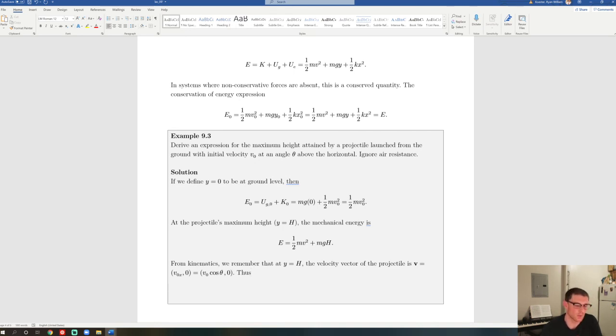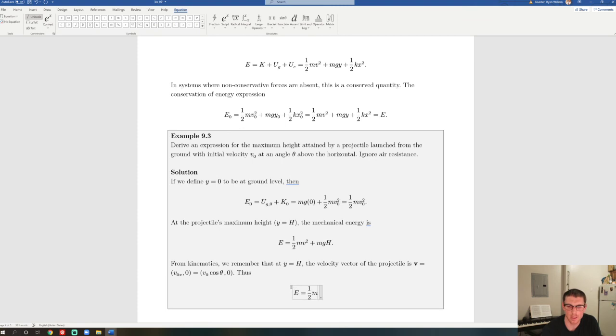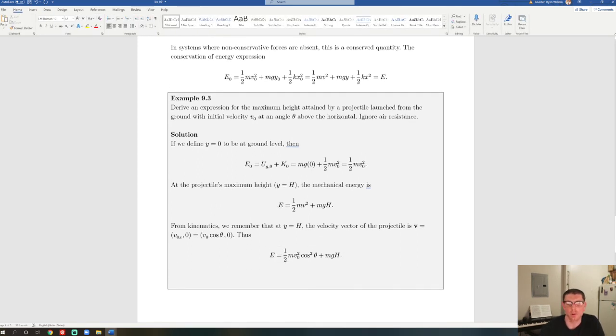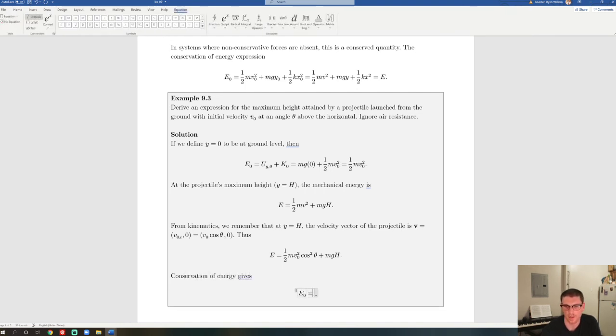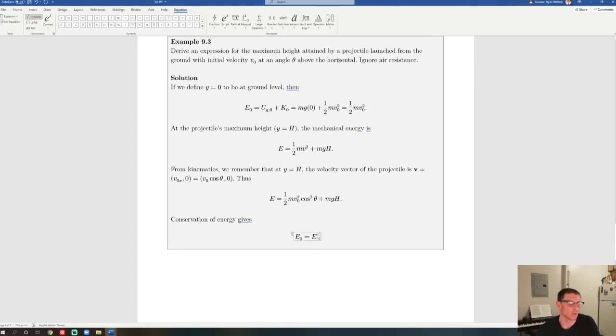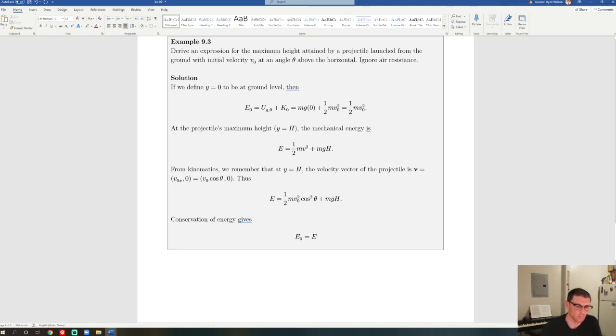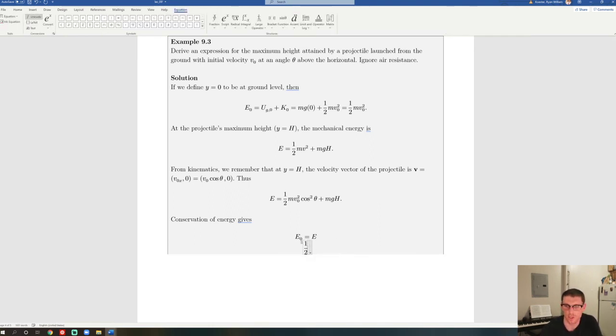The mechanical energy can be re-expressed as 1/2 m v0 squared cosine squared of theta, right? And we don't do anything to the mgH term, that's just what it was before. So conservation of energy, right? Remember, equating the initial mechanical energy to the final mechanical energy gives, and we would write this out like this maybe, initial mechanical energy equals final mechanical energy, and then remember that the initial mechanical energy was just kinetic, so that's what that looks like, and then we just found that the final mechanical energy would be this.